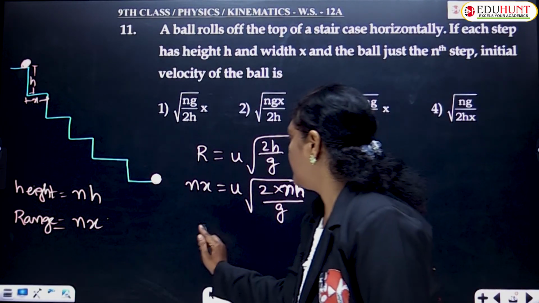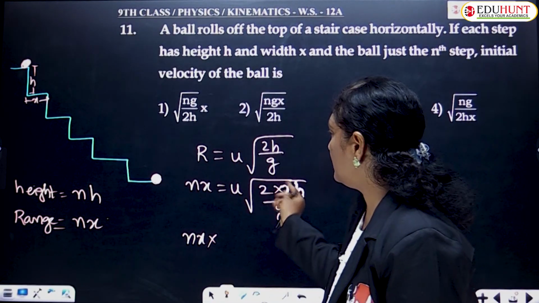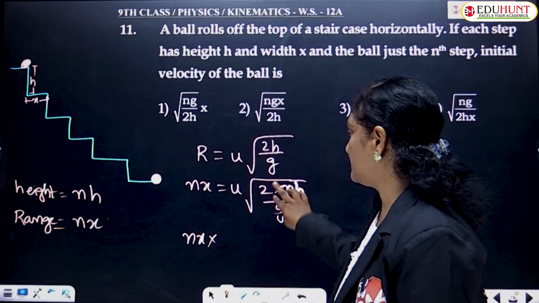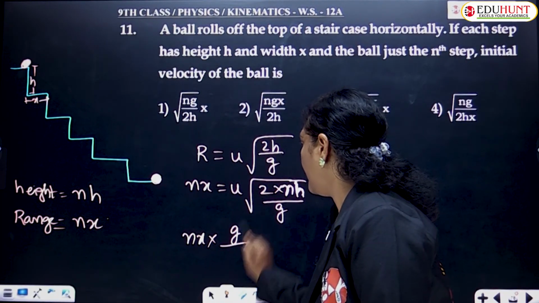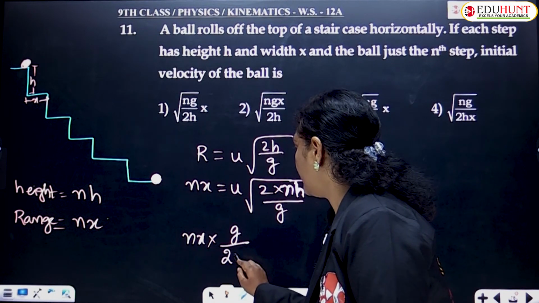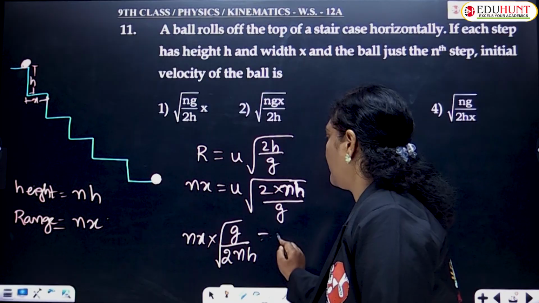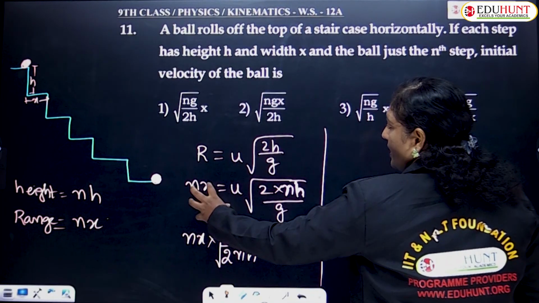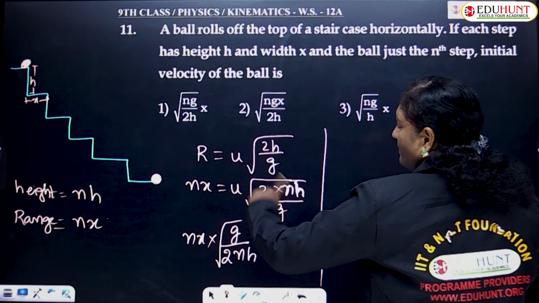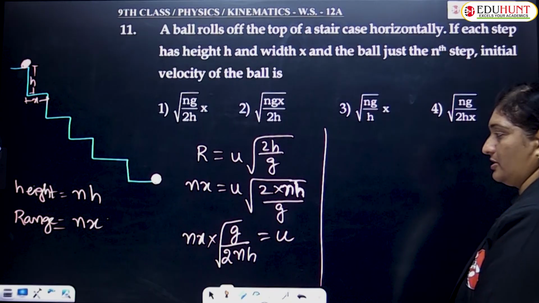So simplifying this, let me bring the other side: nx into, if this total term is brought to the left side, it will become the reciprocal, g comes up and the numerator goes down. So the reciprocal will be equal to u. This carried to the left side becomes reciprocal, that is root over g by 2nh.